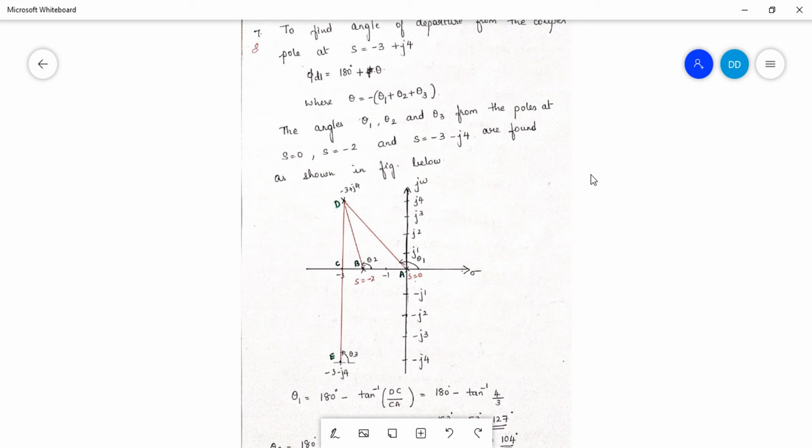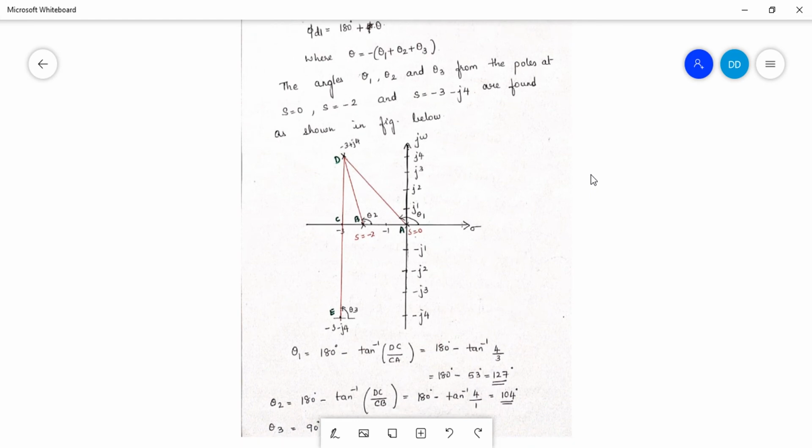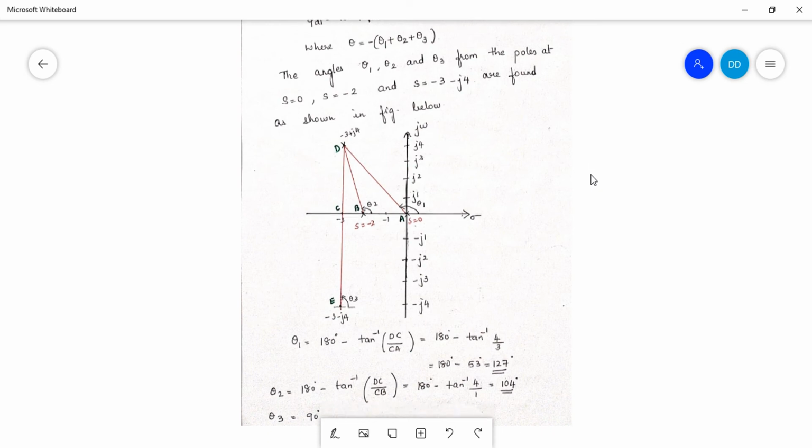We denote the angles by theta 1, theta 2, and theta 3. We need to find theta 1, theta 2, theta 3, substitute, and we get the angle of departure. So how are you going to find it? As you can see, I have marked the lines from s equal to 0 to minus 3 plus j4, similarly from minus 2 to minus 3 plus j4, and from minus 3 minus j4 to minus 3 plus j4.